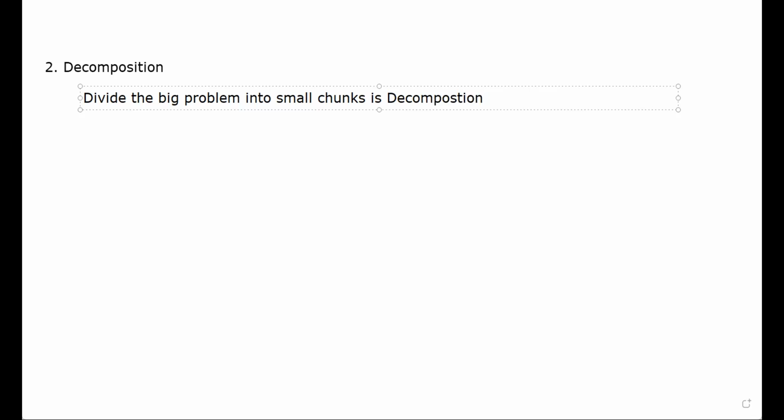My dear students, if I give you one problem, you have to divide it in multiple ways. You have to divide the problem into small tasks, and then solve each problem at a separate level. Then you can easily solve the problem.